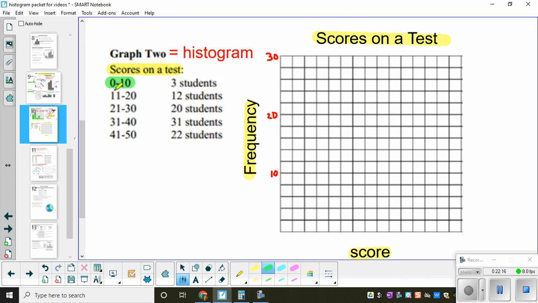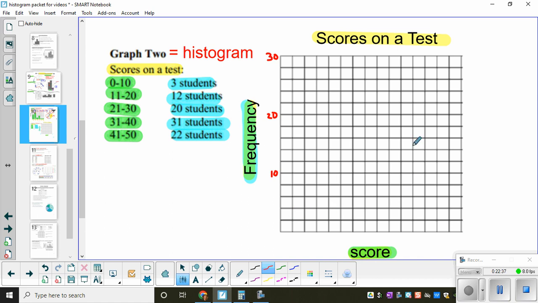So basically, we're going to put the scores, these intervals, they're going to go down here. And then we're going to look at the height as the number of students right there. That's going to be the frequency over here. Now for the intervals, we can see that we've got 5 categories.